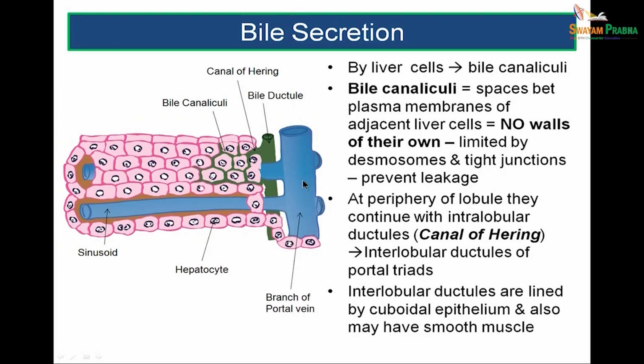On the other side, you can see the portal vein branch and the sinusoid branching off from it to supply blood between the liver cells. The bile canaliculi are spaces, we said, between the hepatocytes, and these spaces are demarcated and have tight junctions between the edges of the spaces to prevent any leakage.